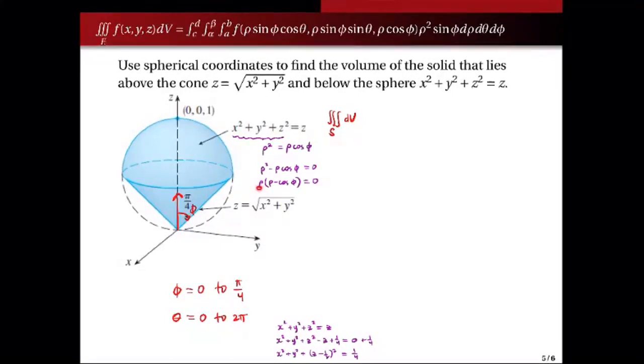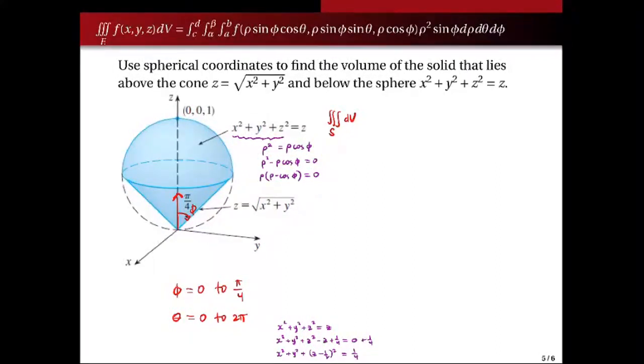Rho equals 0 is the origin. The sphere part is rho minus cosine phi equals 0.